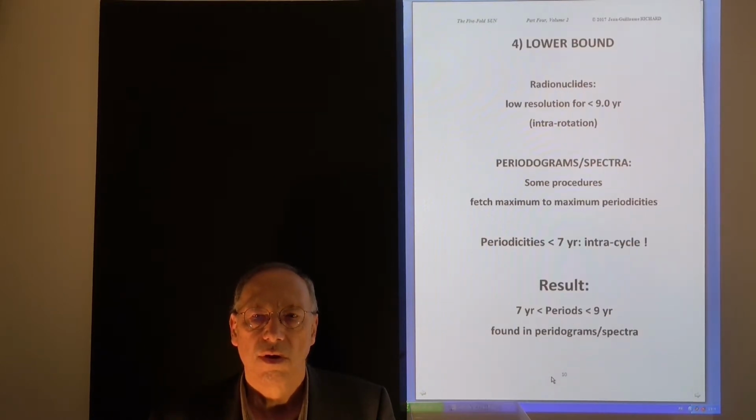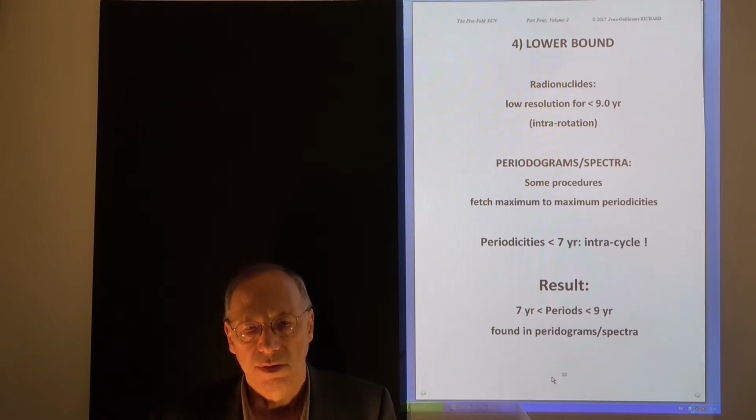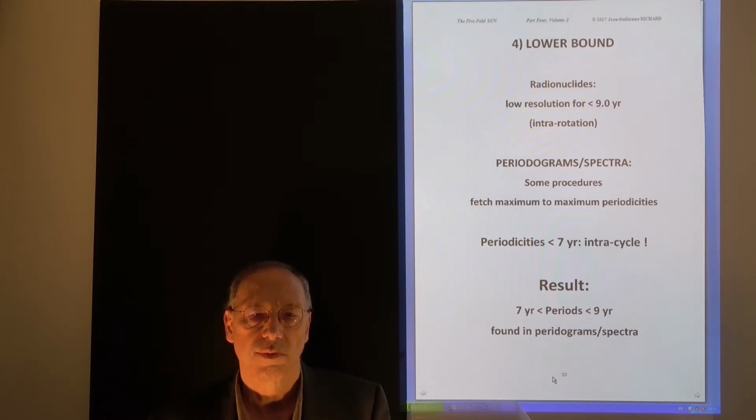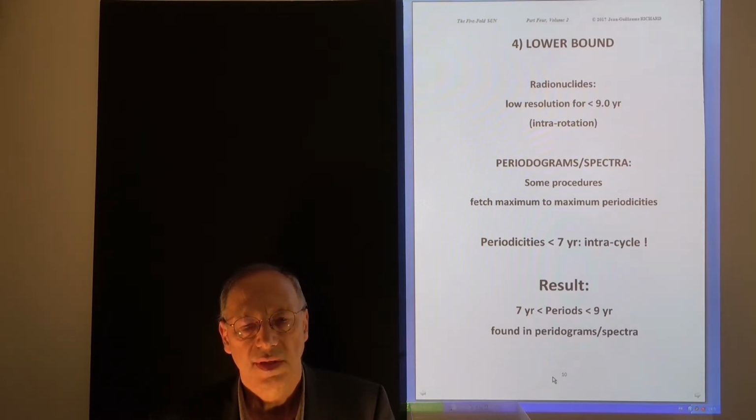Now we turn to the lower bound, for which radionuclides will not be helpful because their resolution is low for values lower than the solar cycle length. But we can turn to some periodograms and spectral analysis for which the procedures allow us to fetch in the spectra maximum to maximum periodicities as opposed to minimum cycles, as was so far investigated in this work.